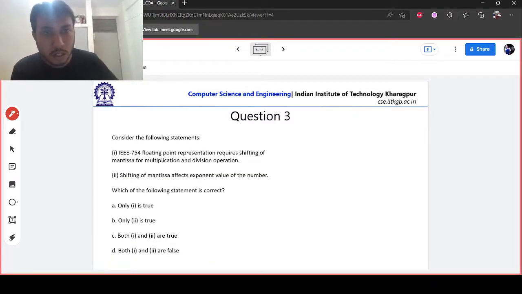So let's look at statement 1. Statement 1 says that IEEE 754 floating point representation requires shifting of mantissa for multiplication and division operations. So this is false.